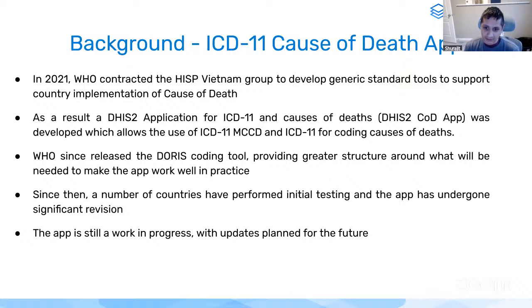It'll tell you how it got to its conclusion in selecting the underlying cause of death, and it will let you browse the dictionary, etc. This was a big pushing point for us, as it provided a lot of structure around how we should develop the application itself. Since that was released, it was a great help to us, and consulting with WHO, we were able to make a lot of revisions based on that.